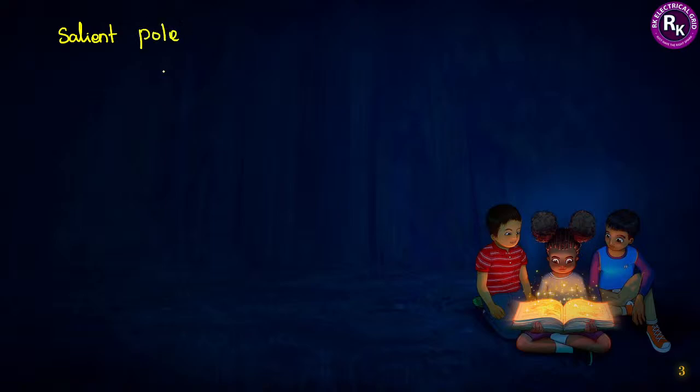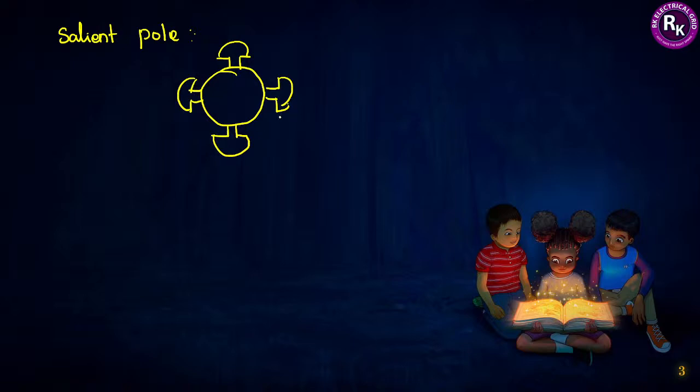When I am talking about the salient pole machine, just now I have shown the structure. If you are observing the rotor of the salient pole machine, poles are projected in the outward periphery. This is the structure of the rotor. And you can keep as many poles as possible, the number of poles depends on the application.